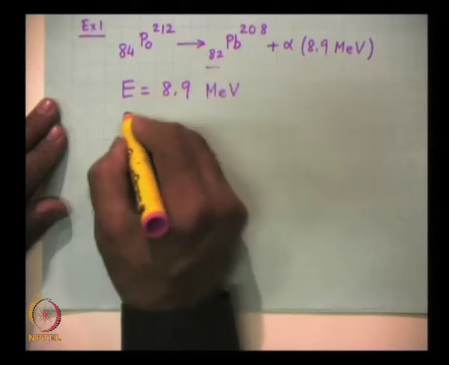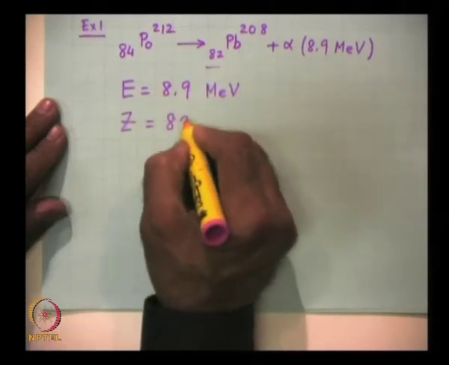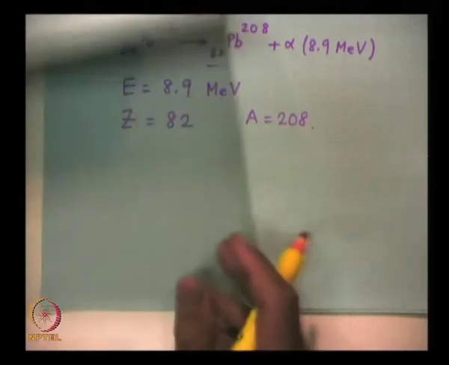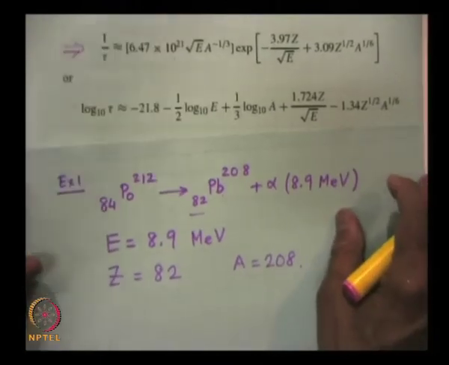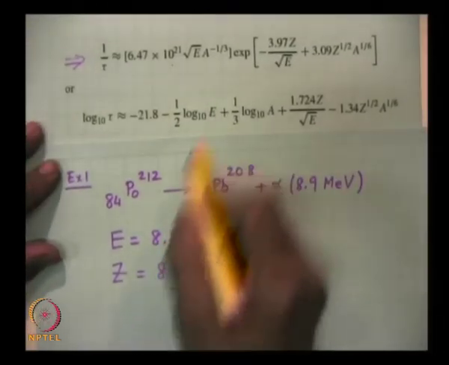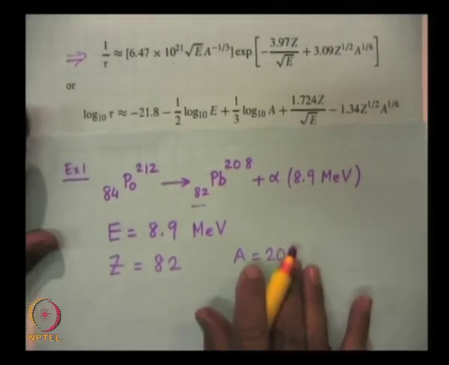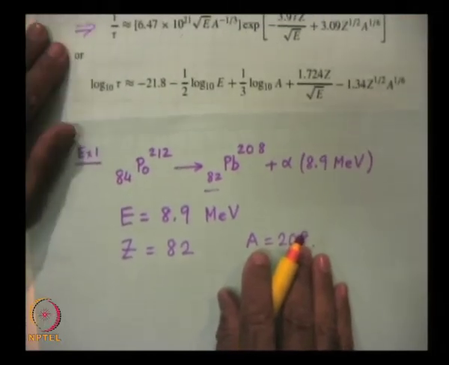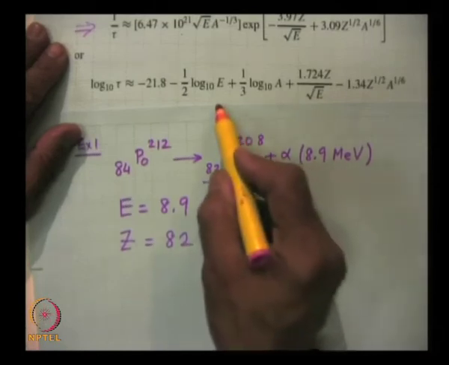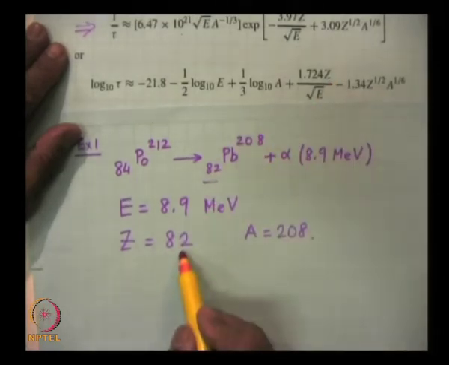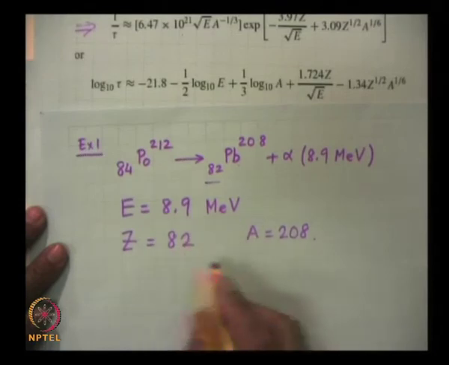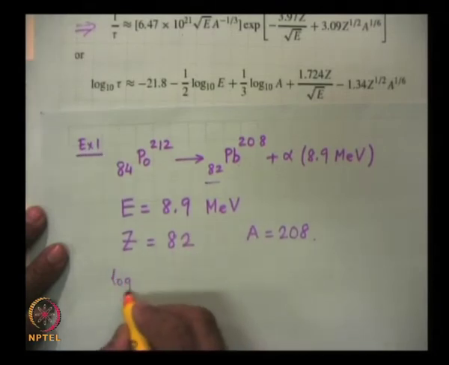This Z is 82 and A is 208. So, then what I do is I substitute here E is equal to 8.9, A is equal to 208, Z is equal to 82, and carry out this calculation, and you will find that this comes out to be log tau to the base 10.